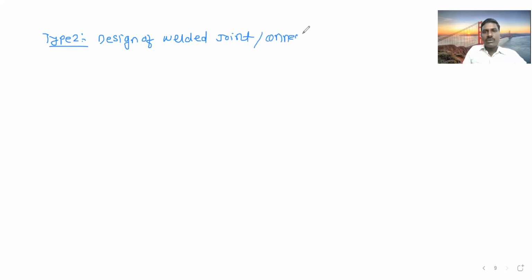We can say joint or connection. So now we have to see the procedure again. Procedure for design of welded joint. Okay, write down everyone now. Step 1.